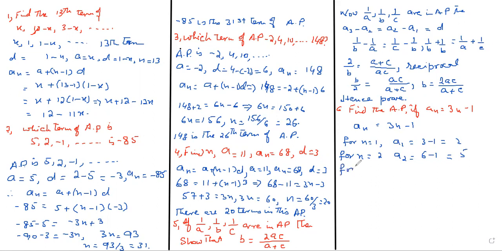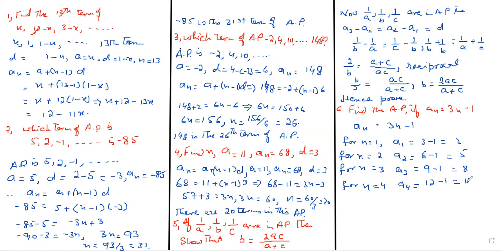For n is equal to 3, a3 equals to 3 times 3 is 9, minus 1 is 8. For n equals to 4, a4 equals to 3 times 4 is 12, minus 1 is equal to 11. We have to calculate at least 3 values.